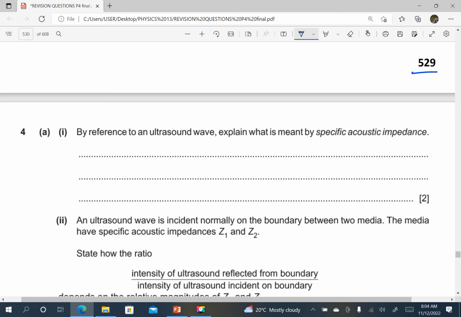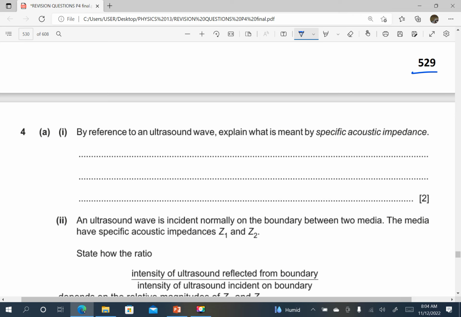By reference to an ultrasound wave, explain what is meant by specific acoustic impedance. At this point, you should be confident with what we mean by specific acoustic impedance.